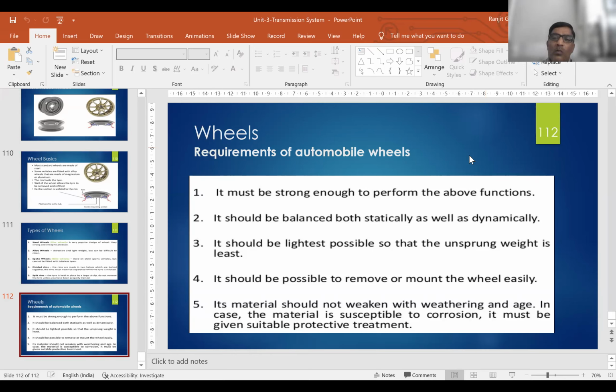We know that to steer the vehicle, the driver has to rotate the steering wheel, but we need to pivot the front wheel. This is one reference line. If we want to steer in this direction, we rotate this wheel in this direction.